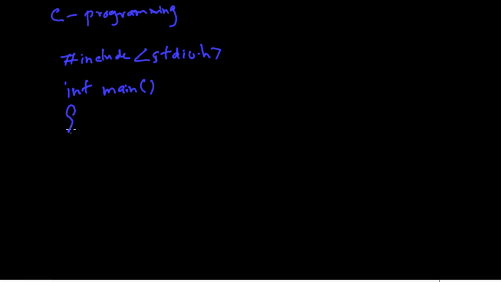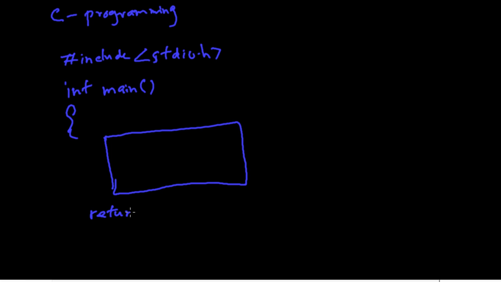Then you have open curly braces. Now, in this whole space in between is the set of codes that you would like to write for your program. And then when you're done with it, you put a return 0, and close the curly brace.